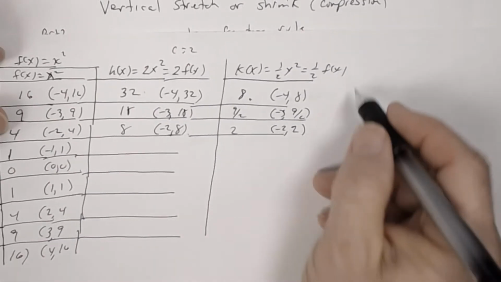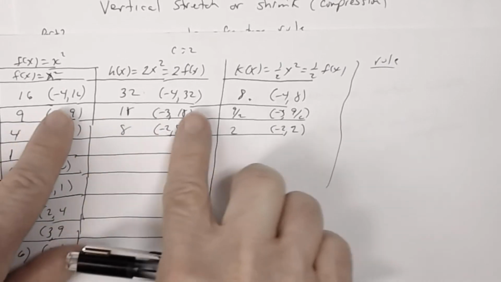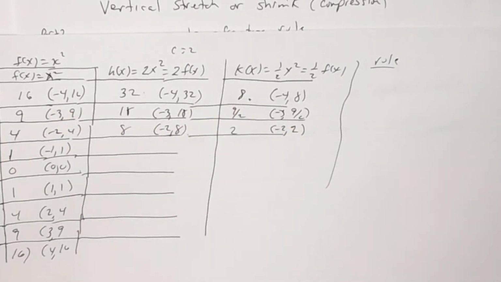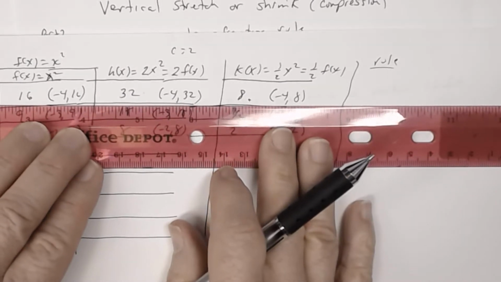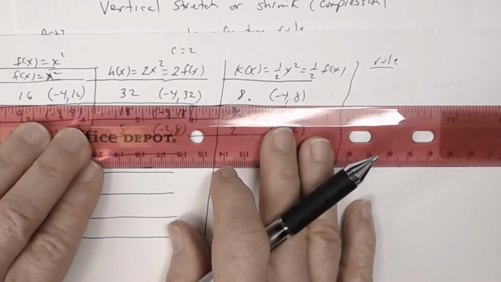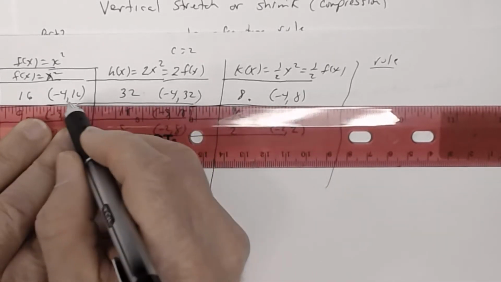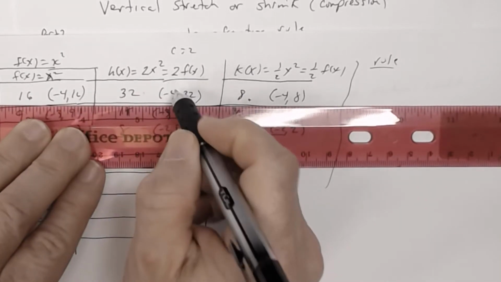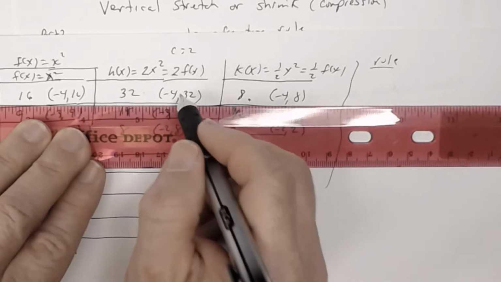But the point is this. Let's look at this rule. What do you notice about the x-coordinates in all these points? The x-coordinates stay the same, right? What changed, though? The y-coordinates. Remember, this is f of x. Do y'all agree that to get 32 here, I had to take 16 multiplied by 2?